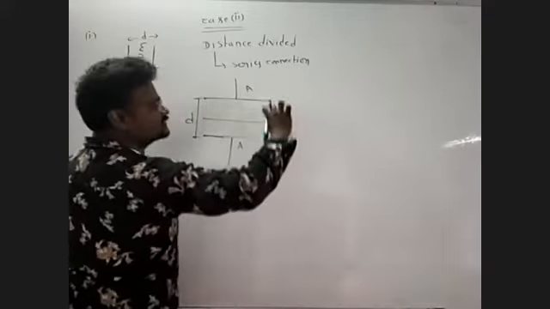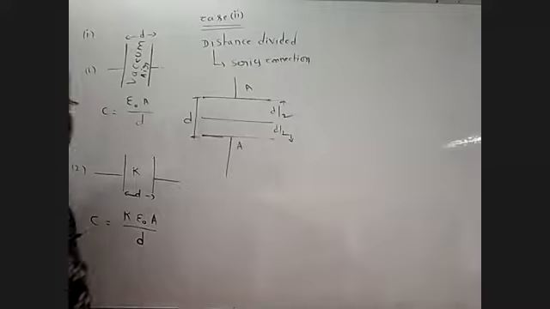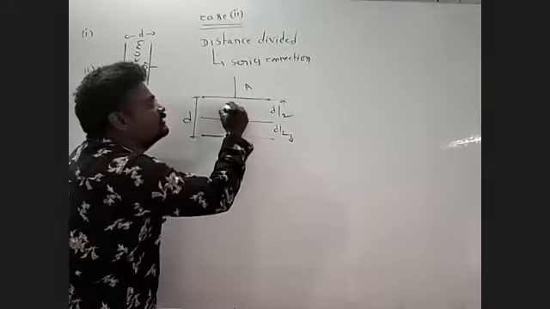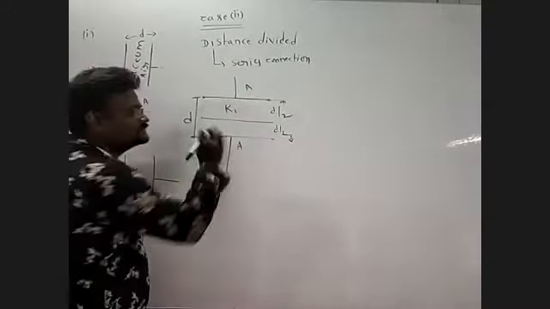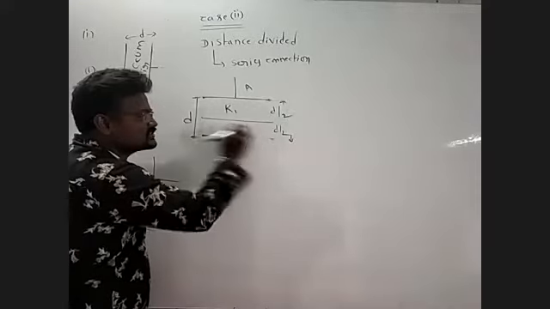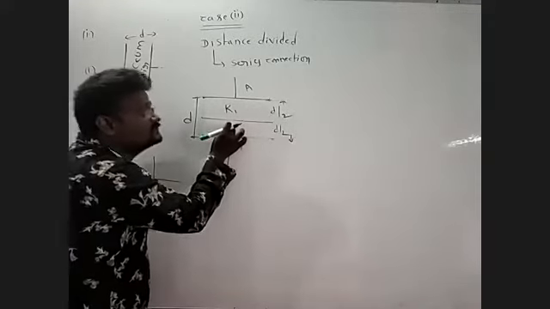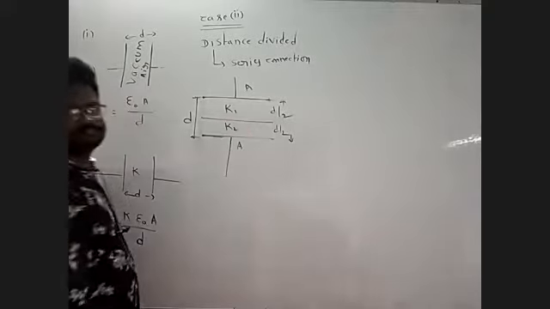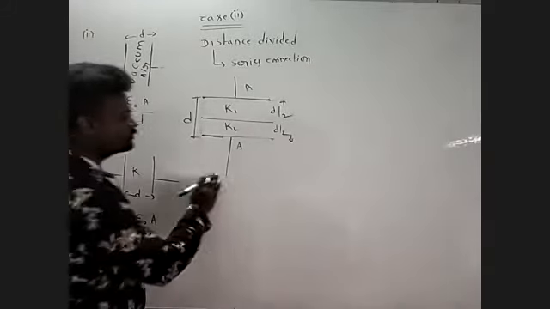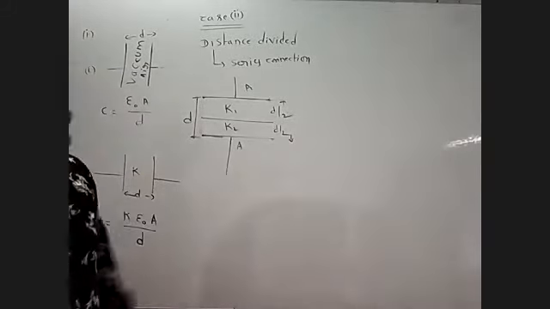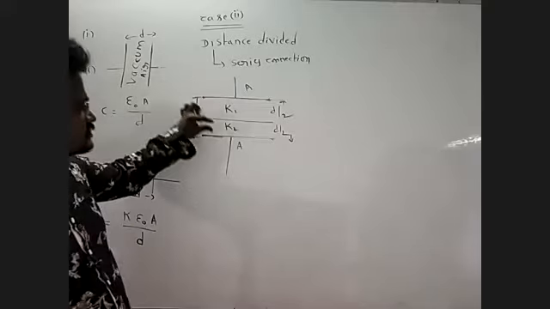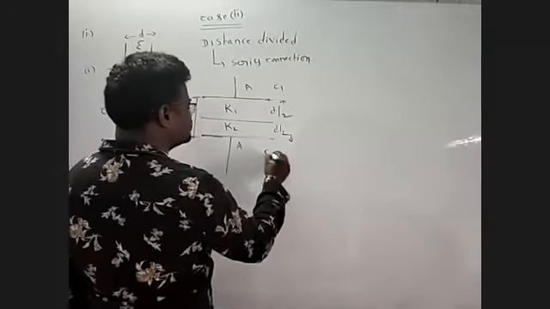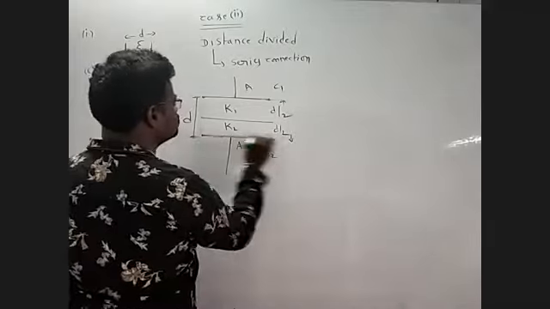D by 2 plus D by 2, that is D. Each gap is filled with a dielectric slab. So how many capacitors do we have? This is the C1 capacitor and this is the C2 capacitor.